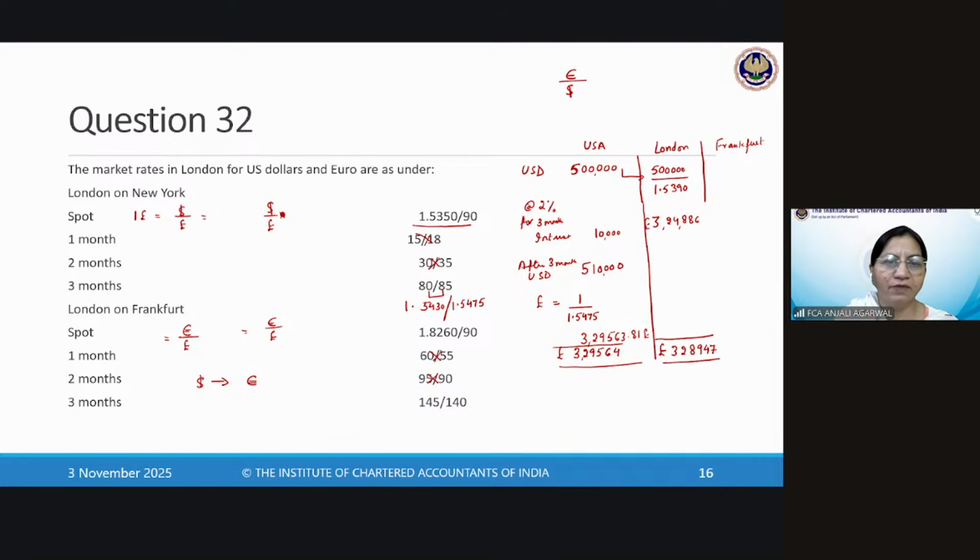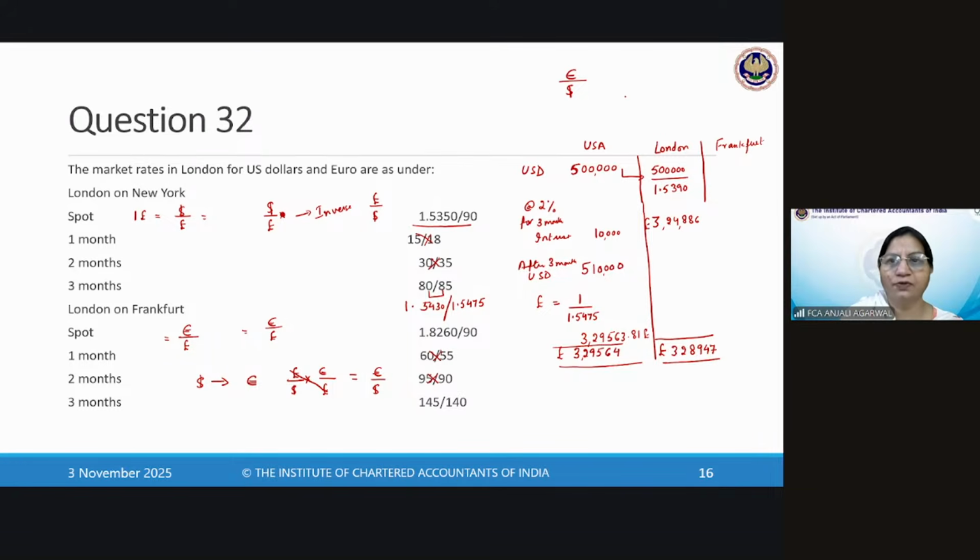If I inverse this quote, I end up getting pound to dollar. And then when I multiply pound to dollar with euro to pound, this gets cancelled. You are left with euro to dollar. That is what you want.